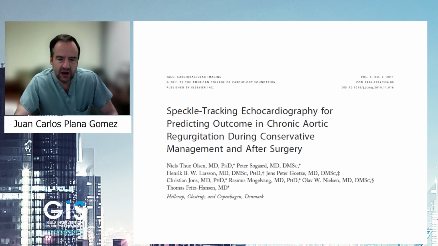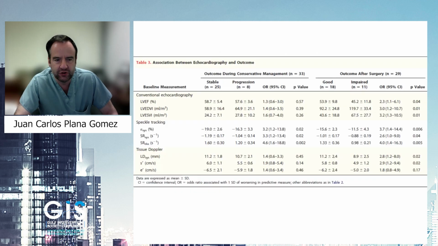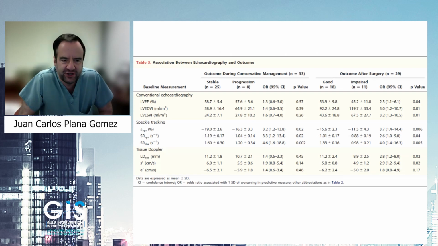Now, let's take a look at what we know in terms of the data from global longitudinal strain. This is a nice study where they followed 33 patients, and they were able to take a look at the characteristics of the patients that remained stable, the 25, versus the ones that had progression. And as you can see, I cannot separate them on the basis of ejection fraction, on the basis of end diastolic volume, or on the basis of end systolic volume.